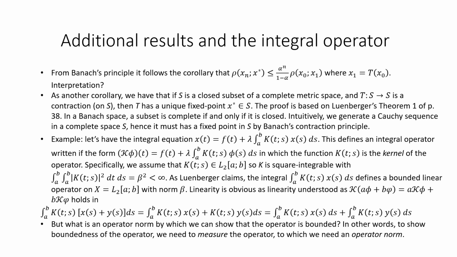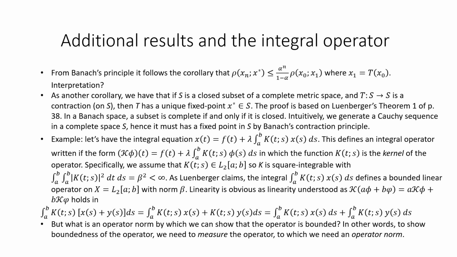Let's have an example. This is Luenberger's example. This is an integral equation which defines an integral operator. So actually this is an operator which we apply to points in a function space. The function K(t,s) is the kernel of the operator.